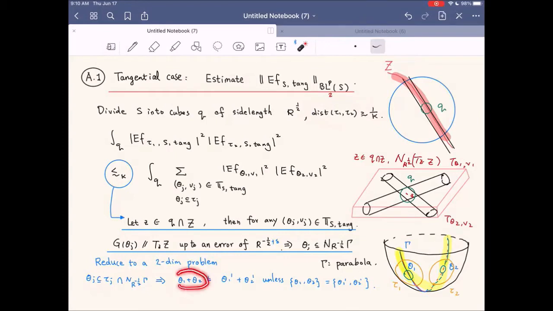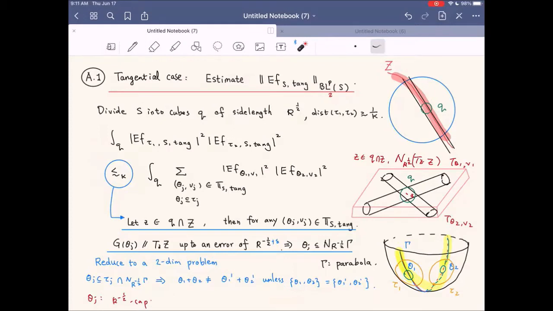So for most of the pairs theta 1 and theta 2, their sums will not be equal to each other unless the pair is the same pair. The theta j's are the r to the -1/2 caps. Now this inequality is a consequence of this geometric Cordoba type argument.